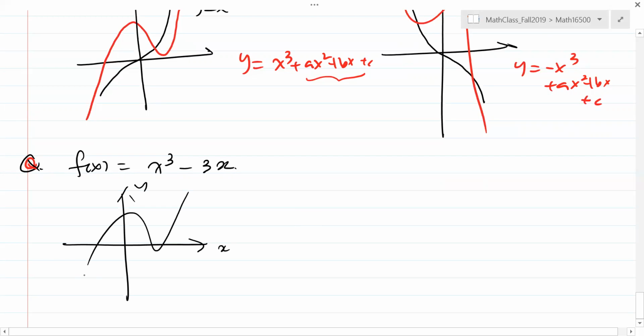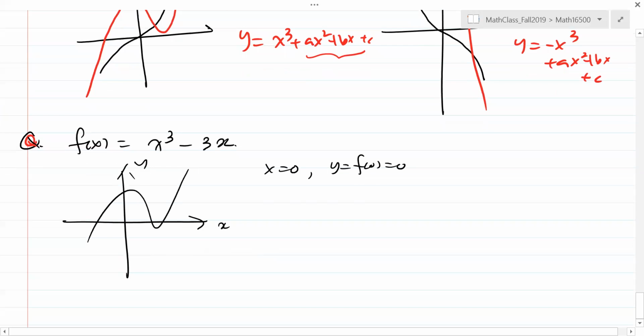But clearly, when x equals 0, the y value is also going to be 0. So the graph passes through the origin. So you have to modify it a little bit. Okay, I'm going to modify this. Give me x squared minus 3.